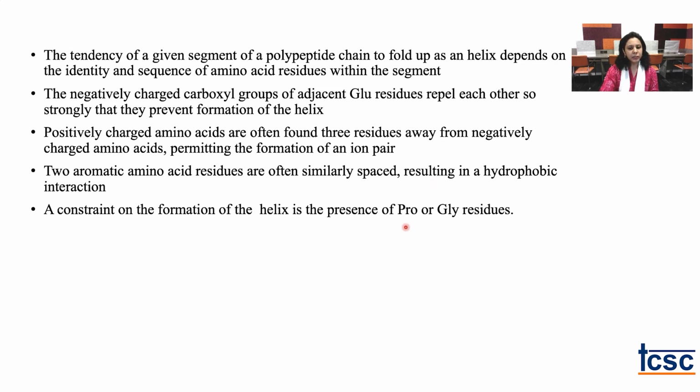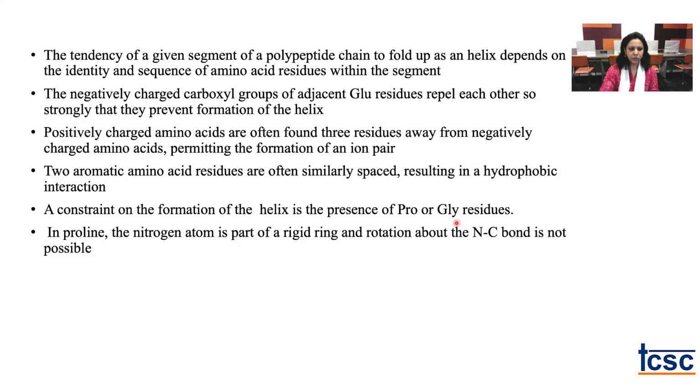There are 2 amino acids which we usually do not find in an alpha helix, and they are proline and glycine. And the reasons why we might not find these 2 amino acids are completely opposite. One is extremely flexible, whereas one might not give the option of forming a hydrogen bond. So if we look at proline, the nitrogen atom in the proline is part of an imino group, and therefore the rotation about the N-C bond is not possible.